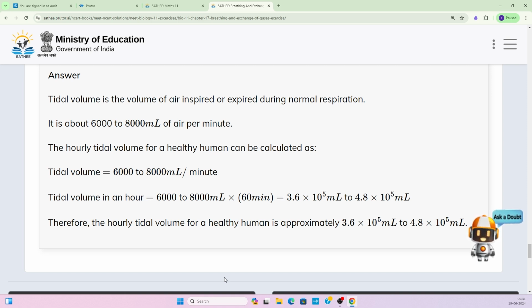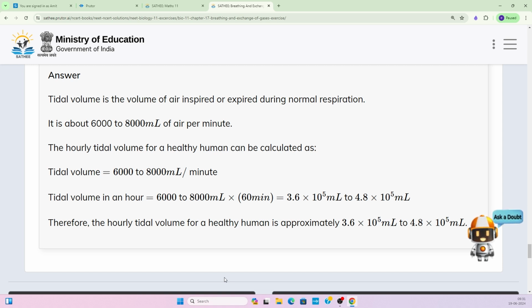The hourly tidal volume for a healthy human can be calculated as 6,000 to 8,000 ml per minute, right? And the total volume in an hour, you can get by multiplying with 60 minutes. So 6,000 to 8,000 ml into 60 minutes.